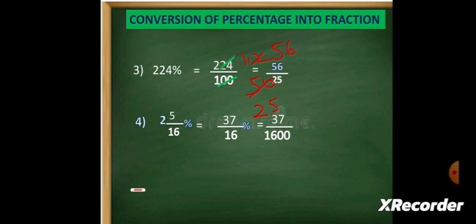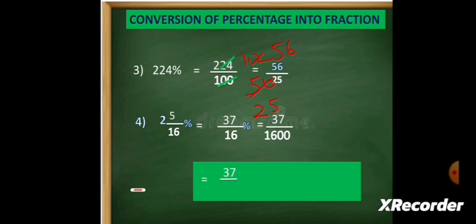Can we divide this further? No. So this is our final answer. The other way, you can solve it by another method, that is, you will change it into improper fraction 37 upon 16 into 1 upon 100, that becomes 37 upon 1600.